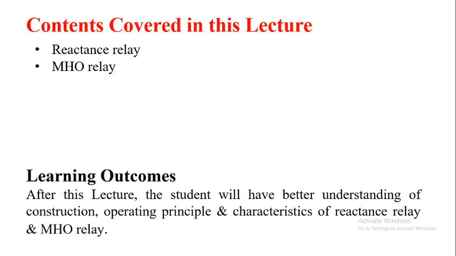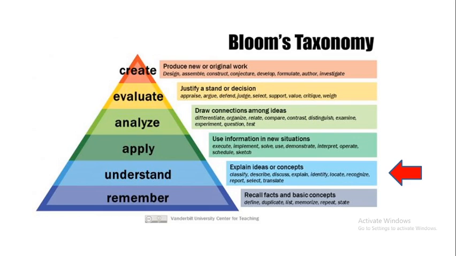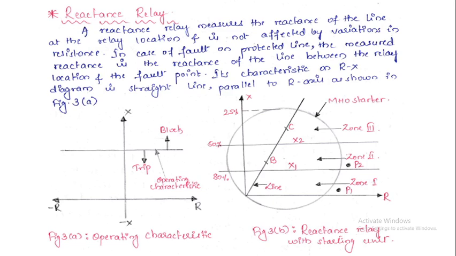After this lecture, the students will understand the construction of the reactance relay and Mho relay, the operating principle of these relays, and how the characteristic defines their operation. As per Bloom's taxonomy, today's concept comes under the second level, understanding level L2. We will begin with the reactance relay.